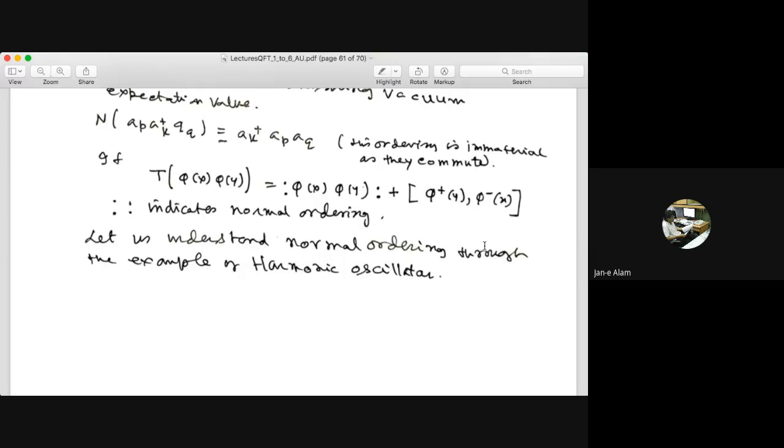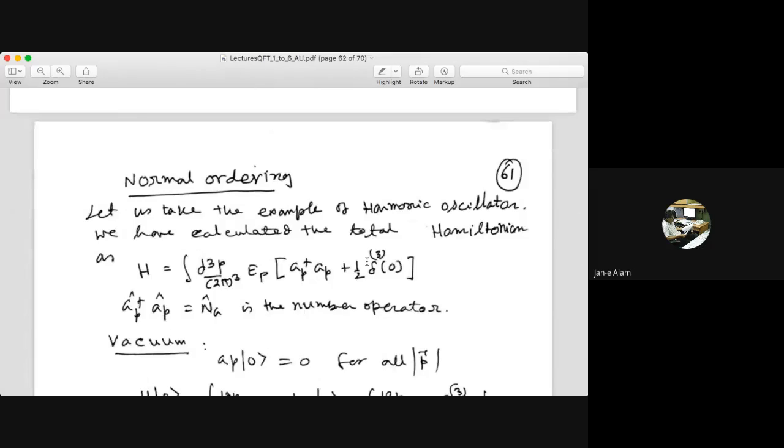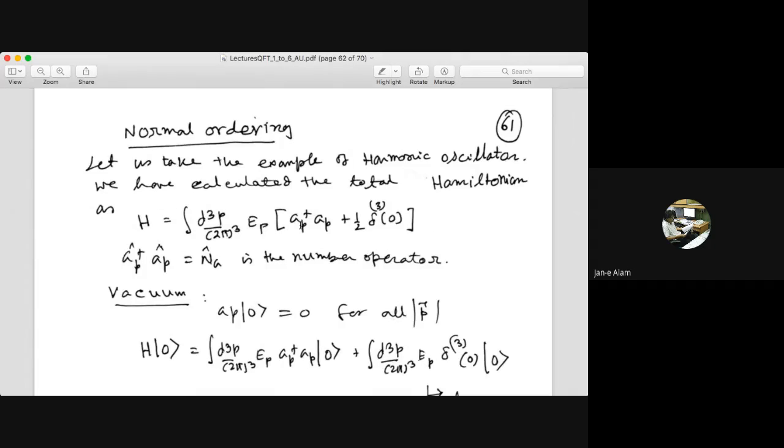Now, let us understand what normal ordering means through the example of the harmonic oscillator. Okay. You know, we have discussed the harmonic oscillator, right? So the Hamiltonian for the harmonic oscillator, H, right?